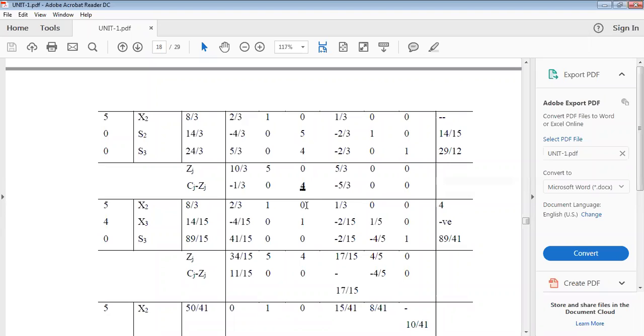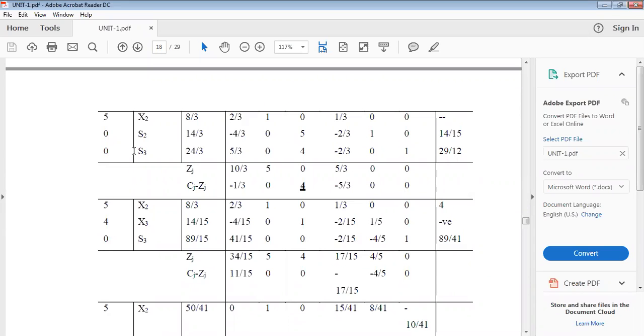So you got 0, you got 1 here, whereas the third row is there. Here you write down, before this row, new R3 is equal to old R3 minus 4 into new R2. New R3 means new row 3; R stands for row.